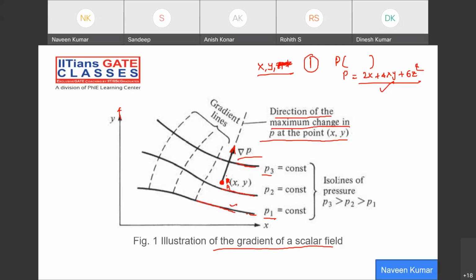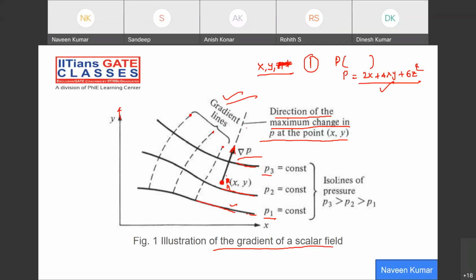So if you assume that parallel to this direction, these dotted lines drawn, these are the gradient lines. Okay, parallel to this tangent direction, you can draw the gradient lines.